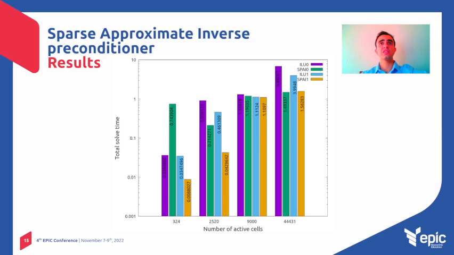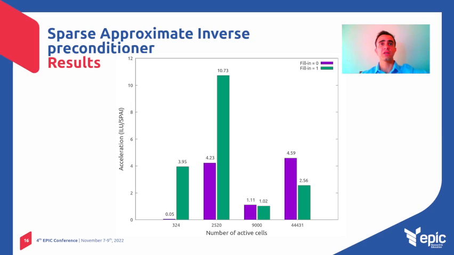Here we can see that for ILU0 and SPAI0, there was a certain advantage for SPAI, but the performances were quite similar. But when we go to SPAI1 against ILU1, we can see more dramatic differences in performance favoring the SPAI preconditioner.